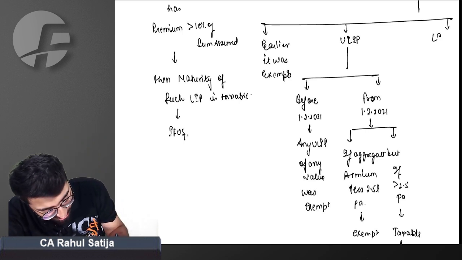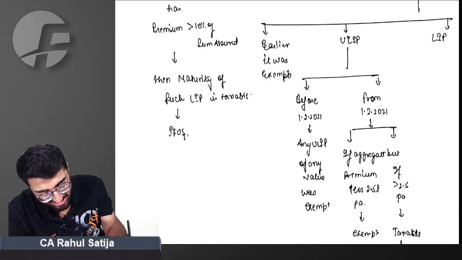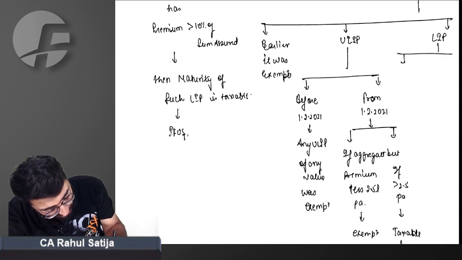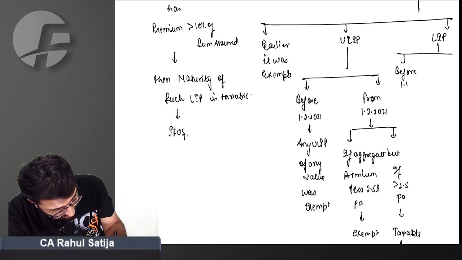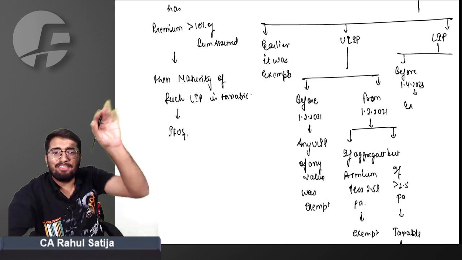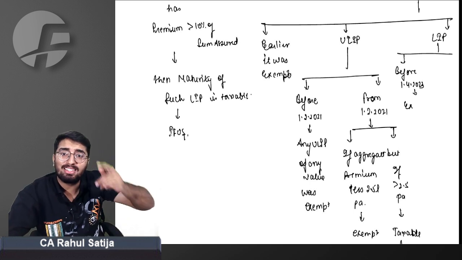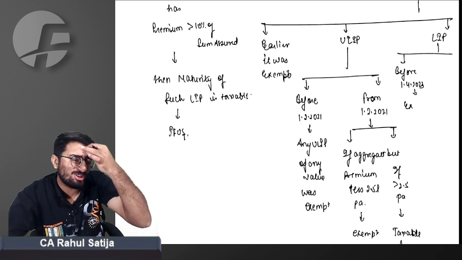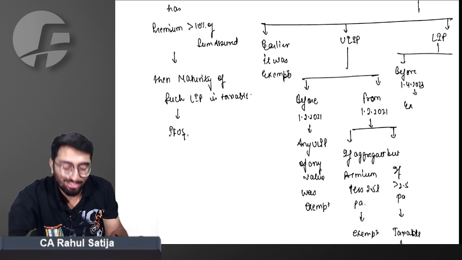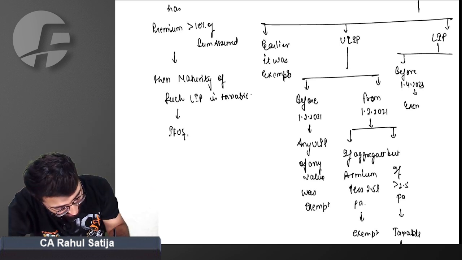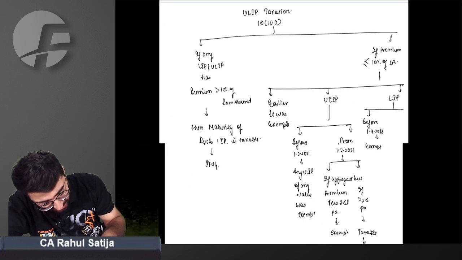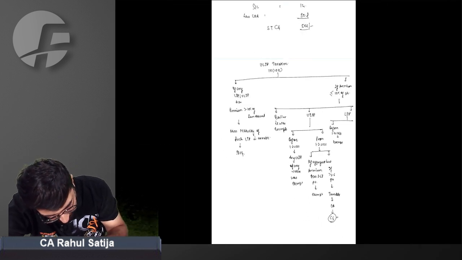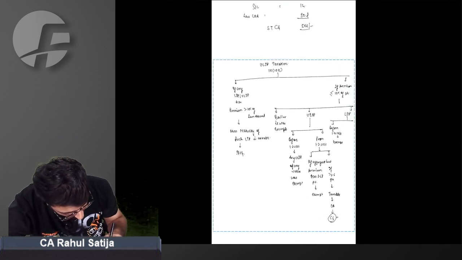Sir, for life insurance policy, if issued before 1st April 2023, any life insurance policy whose premium was lesser than or equal to 10% of sum assured was completely exempt. But from, wait a second, I need to reduce the size of it, otherwise I'll not be able to complete this in a single page.